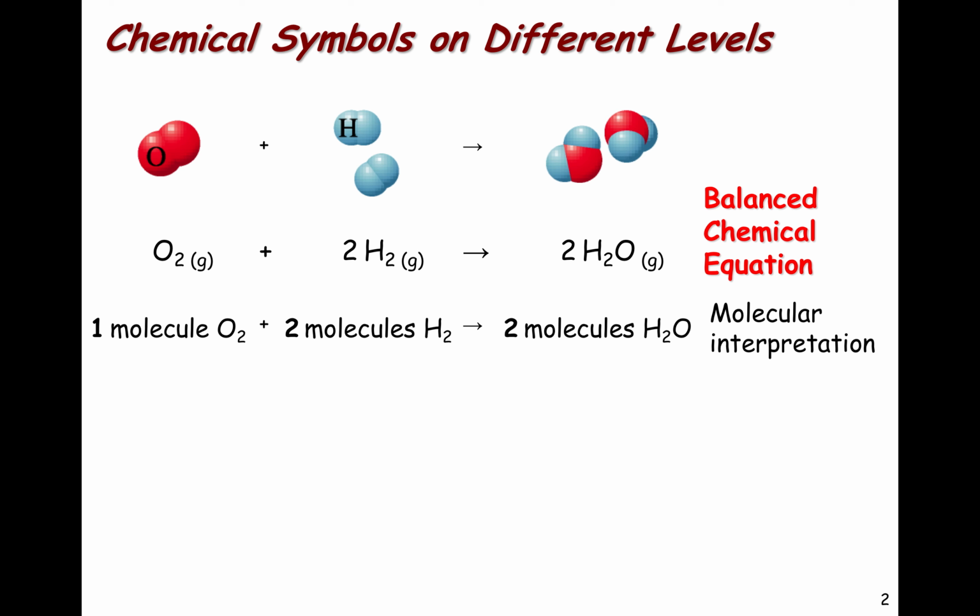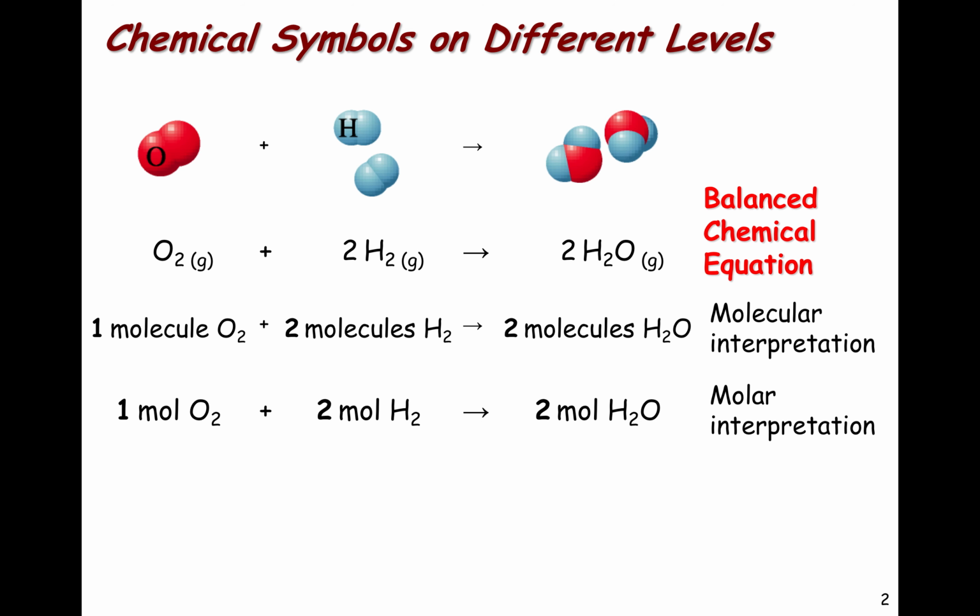Furthermore, the stoichiometric coefficients, or the multiplication factors, can represent the number of molecules, but they can also represent moles. And so in both cases, we're dealing with balanced chemical reactions in terms of either the molecules or the moles.